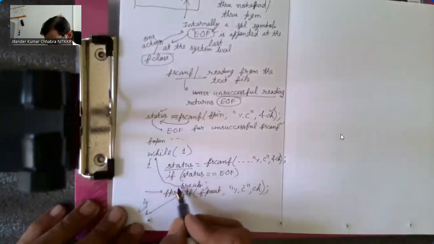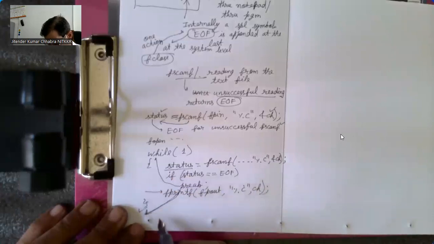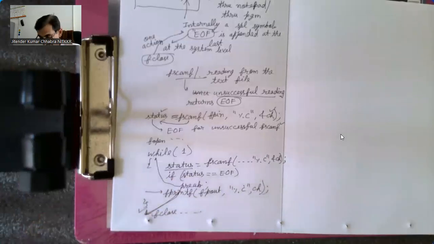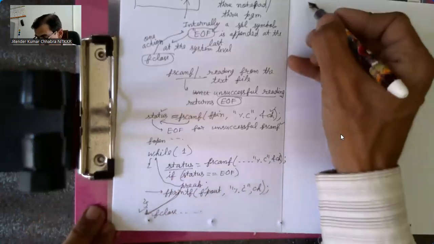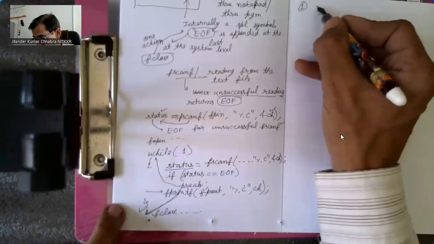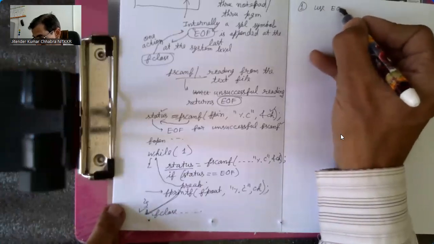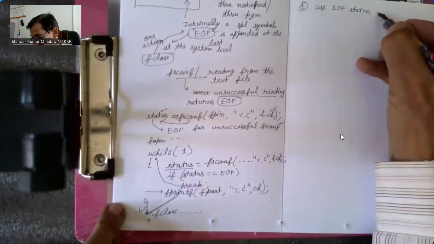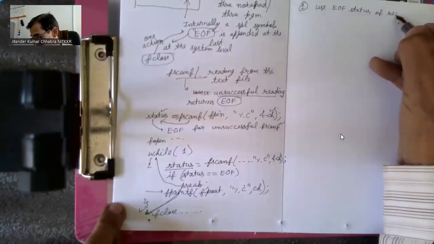But if unsuccessful, the break brings me here. Here I can have my fclose, etc., and all the closing you want. So this can be one way: use the EOF status of reading commands and do this program.